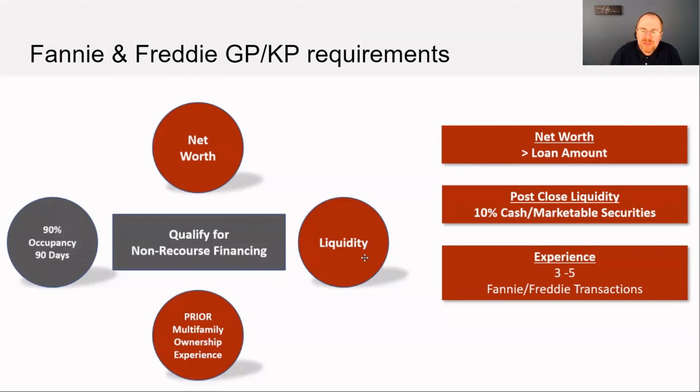You need liquidity greater than 10% of the loan amount for all the people signing the loan. And you want to have, for all the people together, 3 to 5 Fannie or Freddie transactions. So that's the third general requirement.